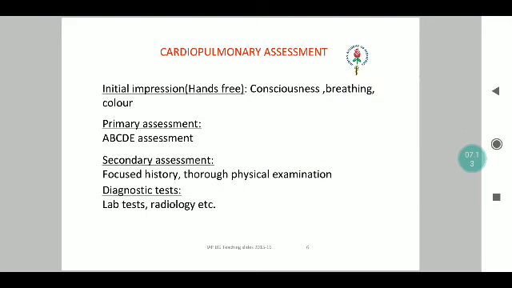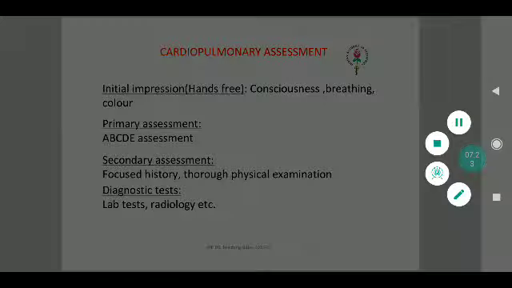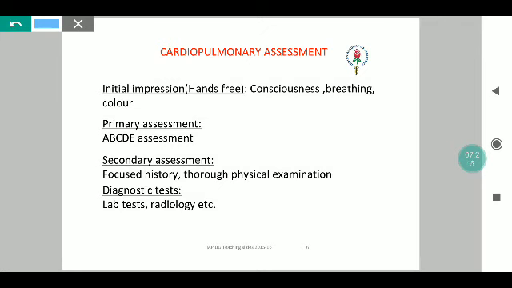Subsequently, a secondary assessment where we look for a focused history and a thorough physical examination. Focused history has some points which have to be assessed in detail. Now, when I say focused history, our general pediatric case sheet format has chief complaints, followed by history of presenting illness, followed by past history, birth history, developmental history, antenatal history, natal history, postnatal history and dietary history in detail.